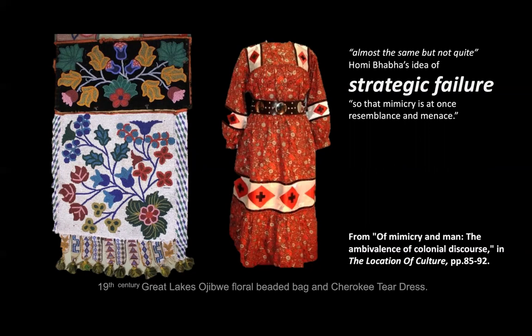It's camouflage that helps disarm racist aggression. But also, they wear and display the dominant culture symbols ironically, to own them, if you will. It's a way to fit in and a way to stand out. Even entire dress designs that might appear very colonial, like this Cherokee tear dress, are almost the same but not quite.